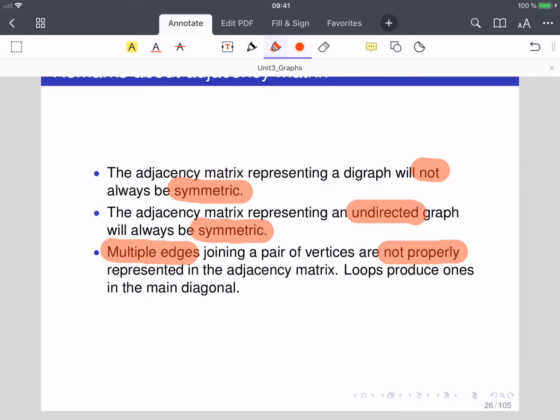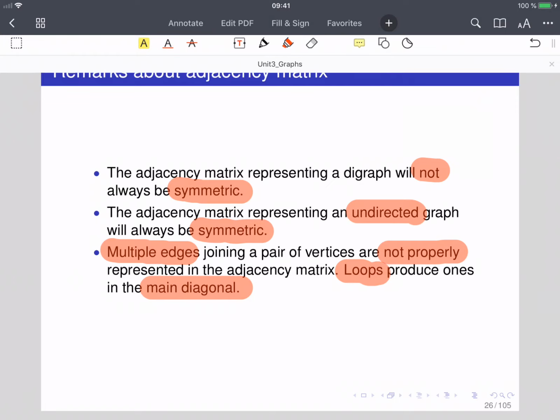What is important to notice is that loops, that is edges that start and end in the same vertex, are well represented in the matrix, because these loops are going to be present in the main diagonal of the matrix, because the number of the row and the number of the column is the same, because they start and end exactly in the same vertex.